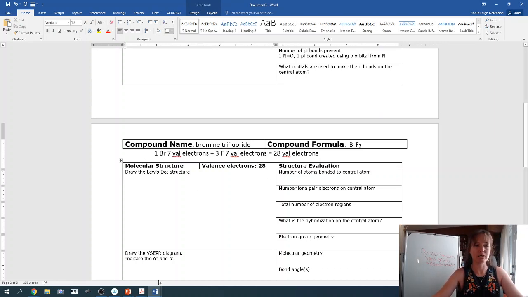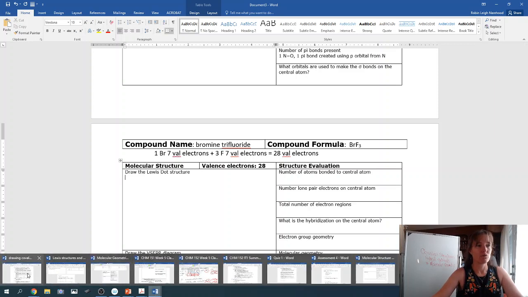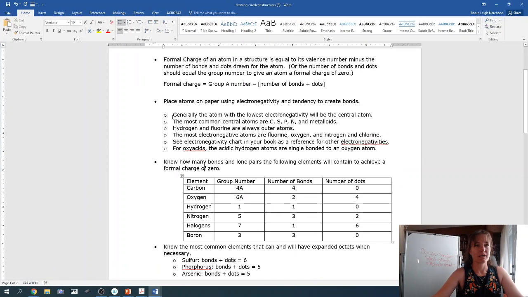To figure out what goes in the middle, you want to use the rules. And so you want to place the atoms on paper. So we've got to draw 1 bromine and 3 fluorines. One of the ways to figure out what goes in the middle is the element that there's only one of in the formula. For simple molecules, if there's only one of it, it usually is going to be the one in the middle, as long as it is not hydrogen. The most common central atoms are carbon, sulfur, phosphorus, nitrogen, metalloids.